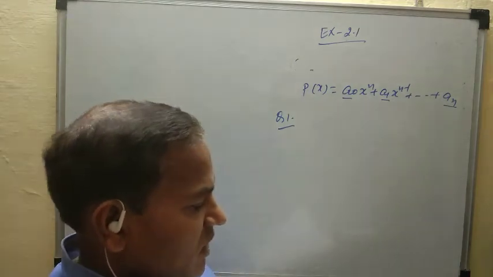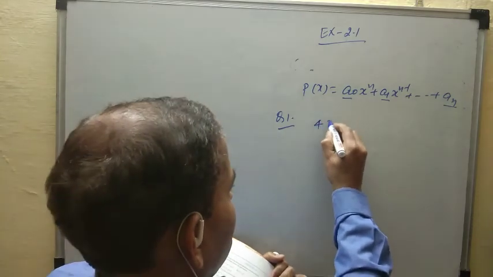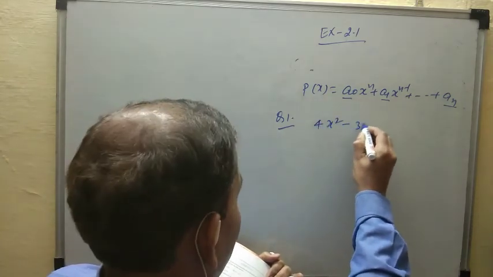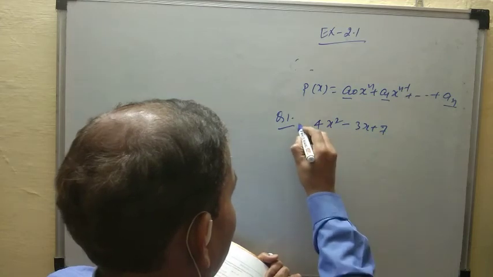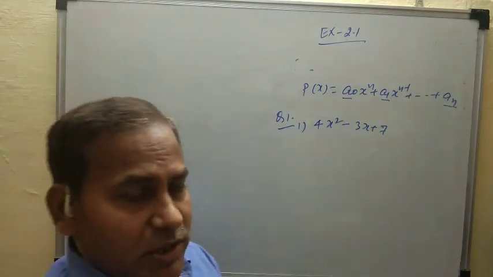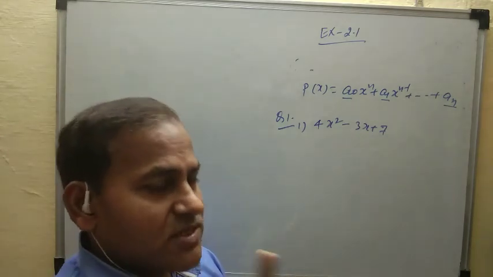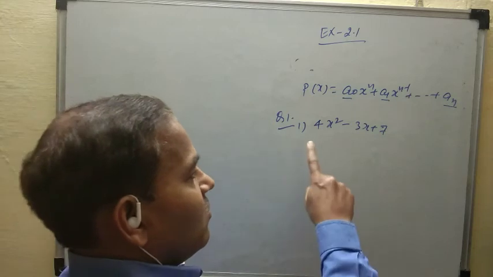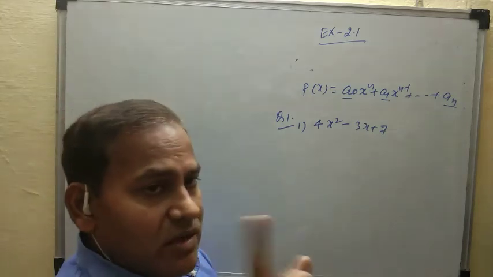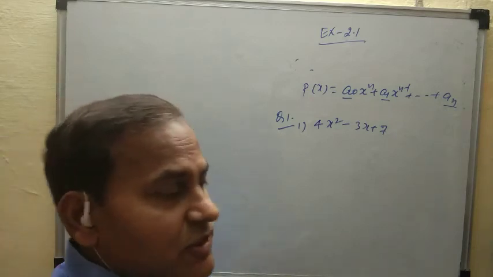So question number 1. Which of the following expressions are polynomials? First, 4x square minus 3x plus 7 is a polynomial or not? For a polynomial, check two things. First, all coefficients are real numbers. So you check that. What are the coefficients?